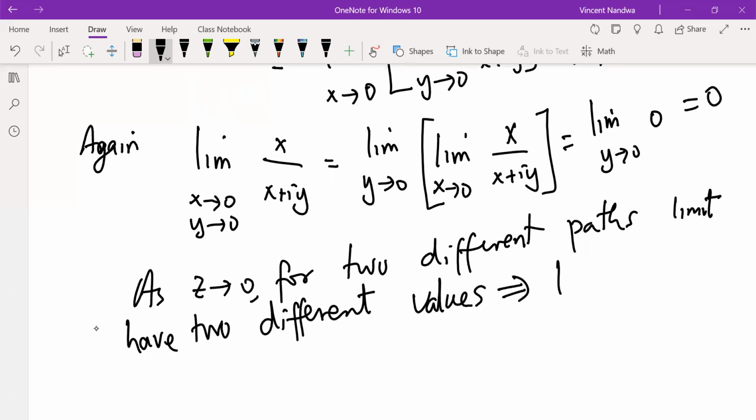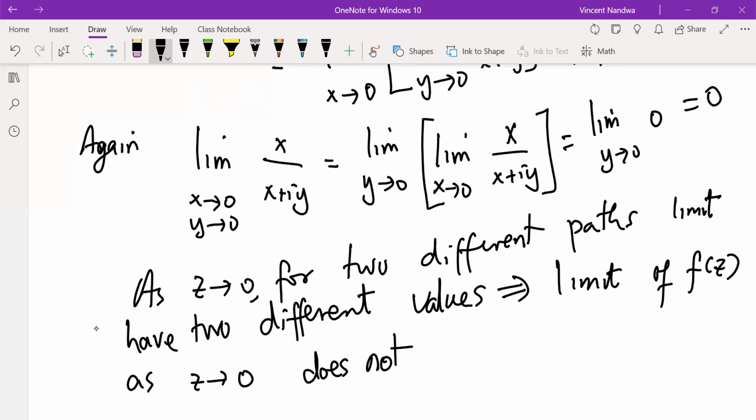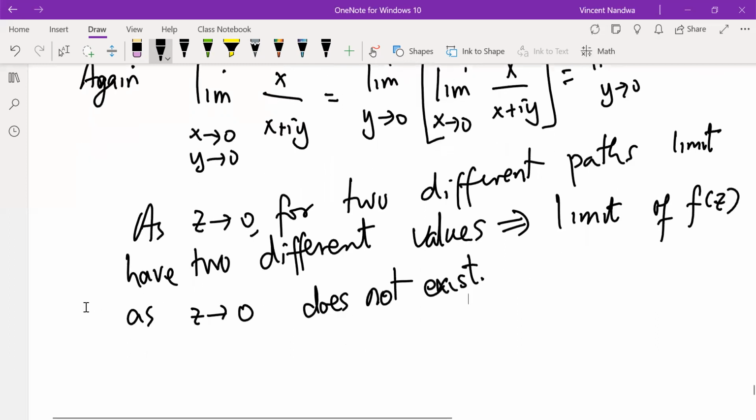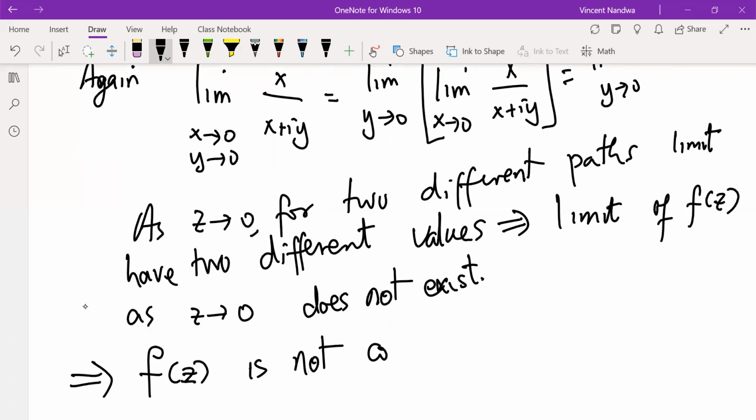This implies the limit of f of z as z approaches 0 does not exist. Now, when the limit does not exist, yet existence of the limit is part of the condition for continuity, then this implies f of z is not continuous at z equals 0.